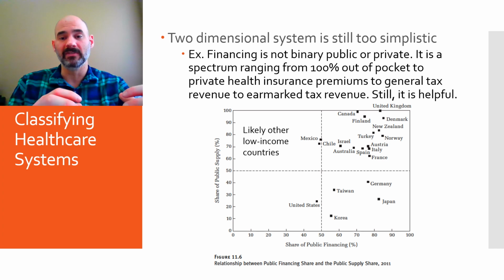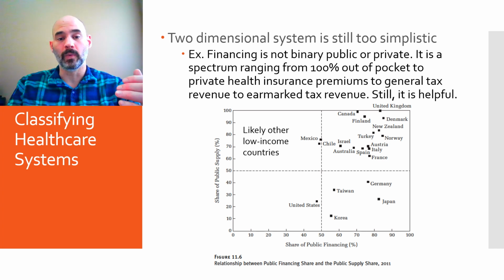There's more of a spectrum ranging from 100% out-of-pocket payments that are needed to pay for healthcare services to slightly more organized and public system of everybody has private health insurance and you use those premiums to pay for your health insurance, and then the health insurance pays for your services, to a slightly more public version where we have a general tax revenue that's collected and is used to pay for healthcare services, to the even more public version of we have tax revenue that's going to be earmarked specifically for healthcare services.